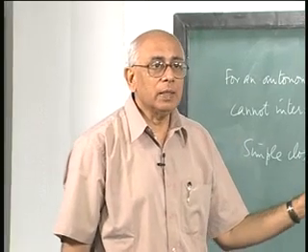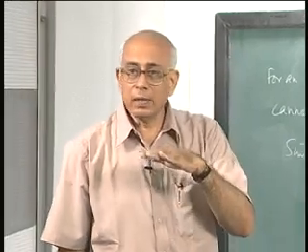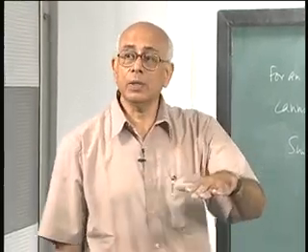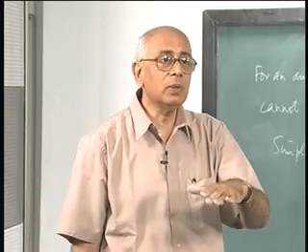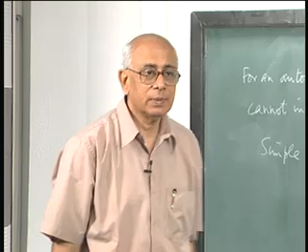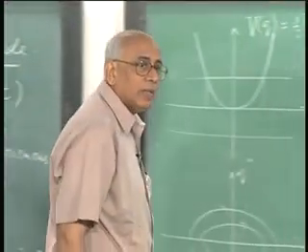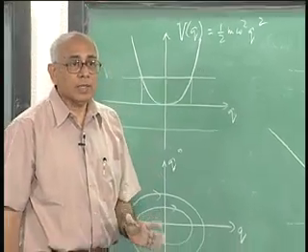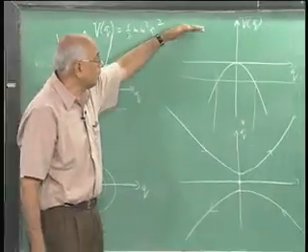So this is what I would like you to complete. You need to complete in this problem a typical phase trajectory for E less than 0, the phase trajectory or trajectories for E equal to 0, and the phase trajectory for E greater than 0. It is not altogether trivial. There are 3 possible kinds of E: negative, positive, as well as 0.